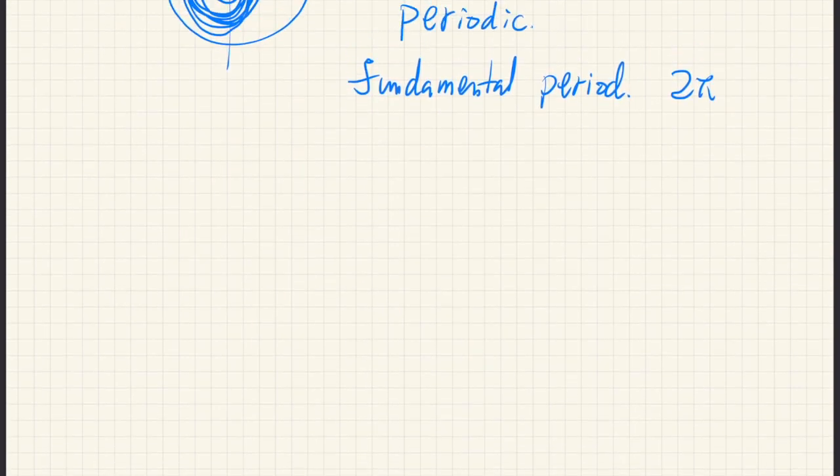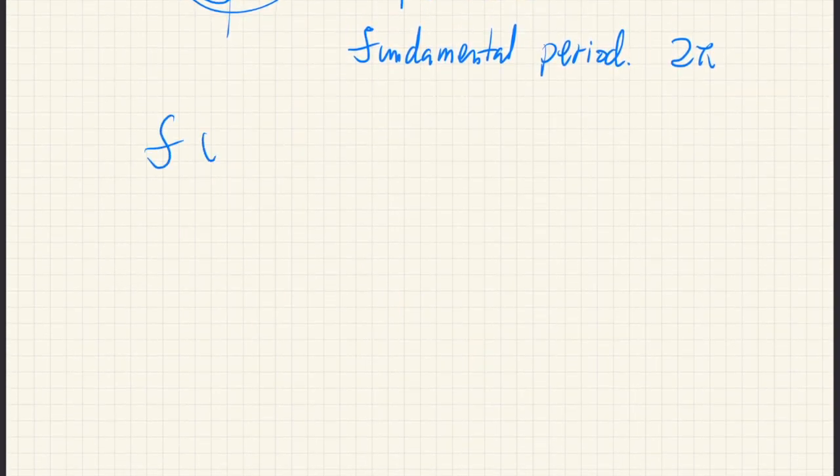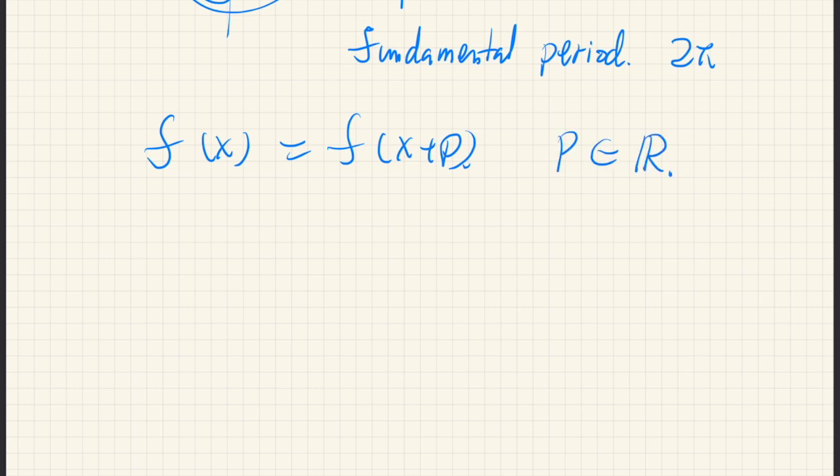More generally, if we have a function f of x that is equal to f of x plus p, where p is any real number, then we say this function is periodic. And if p is a period, then f of x plus 2p also has the same value as f of x, and so does any multiple of p.